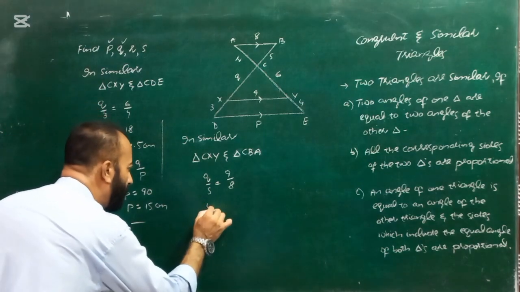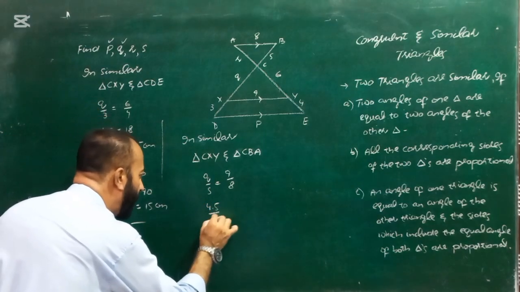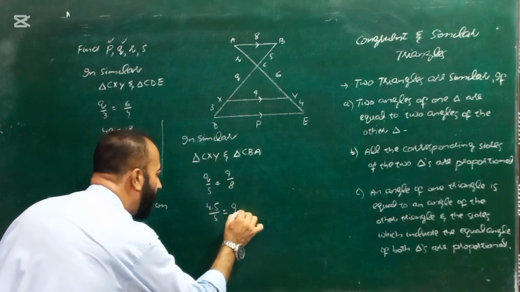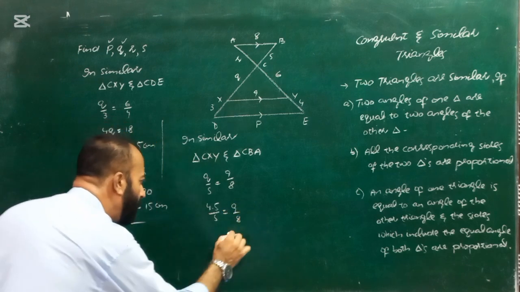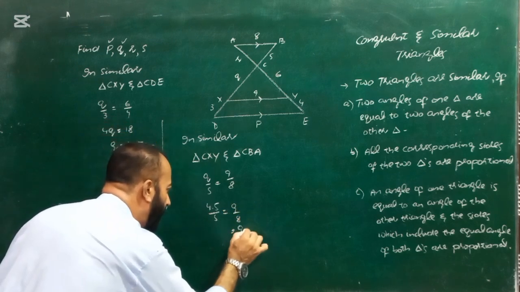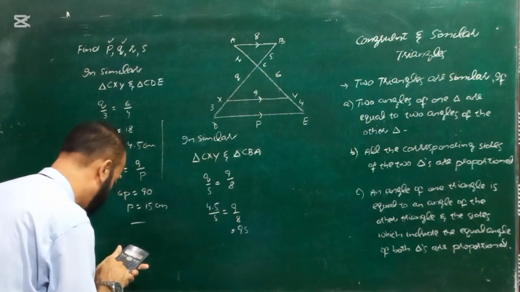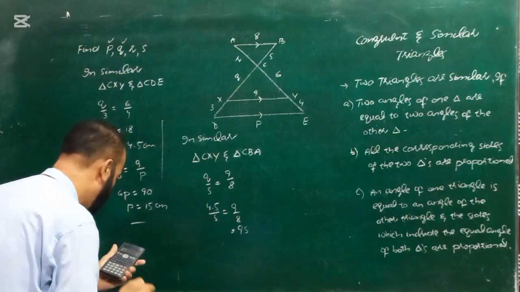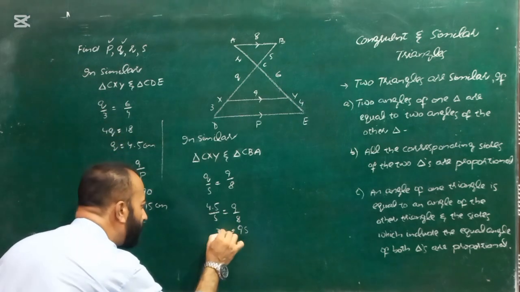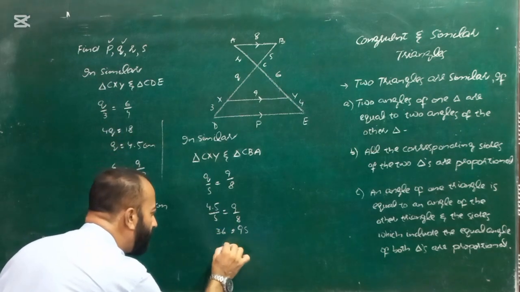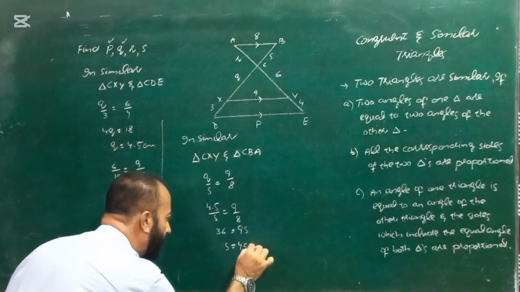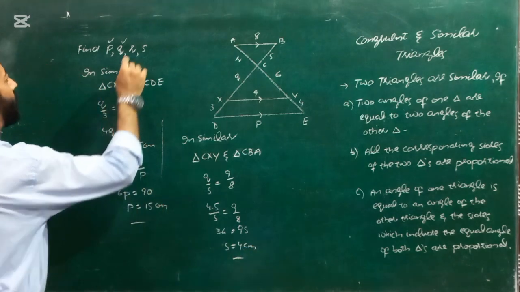So put the value of Q. 4.5 over S is equal to 9 by 8. Cross multiplying the values, 9S will be equal to 8 into 4.5. That is 36, and S will be equal to 4 centimeters. So S is also done.